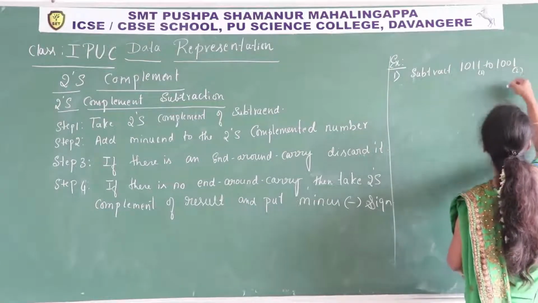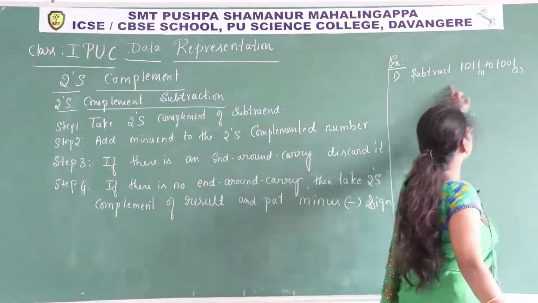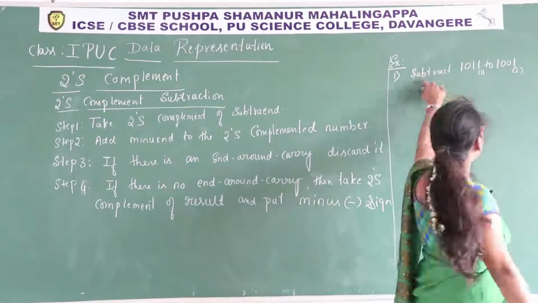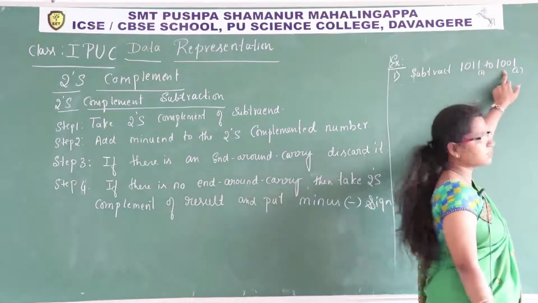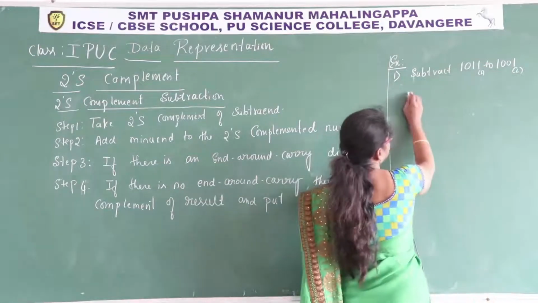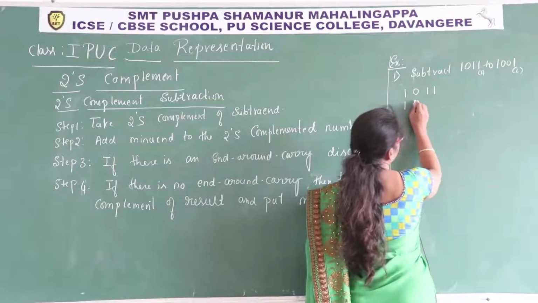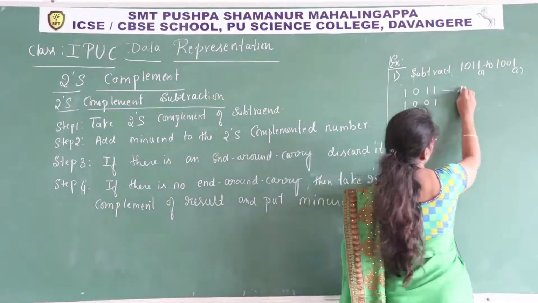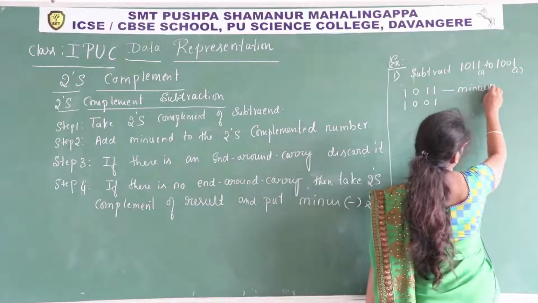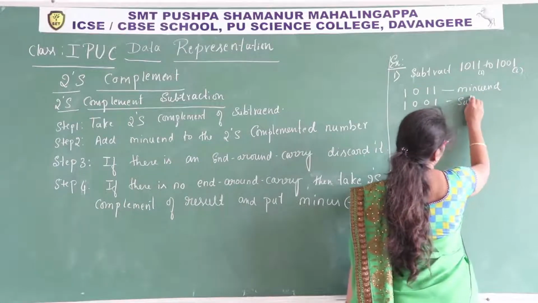These are all binary numbers. So from this number to this number, in the question we have mentioned from this number to this number. So which is the minuend here? First 1011, 1001. This is minuend and this is subtrahend.